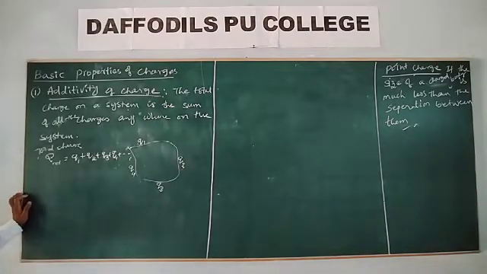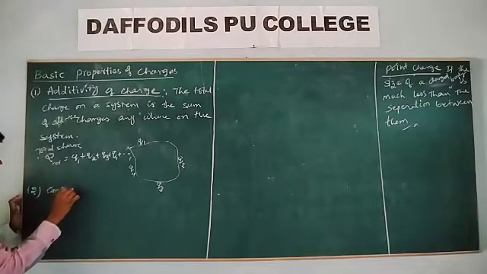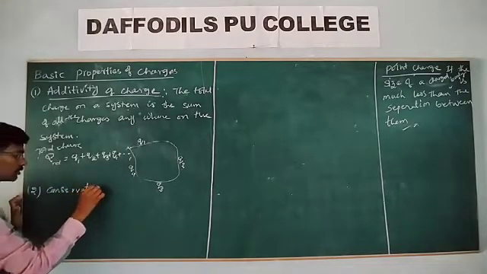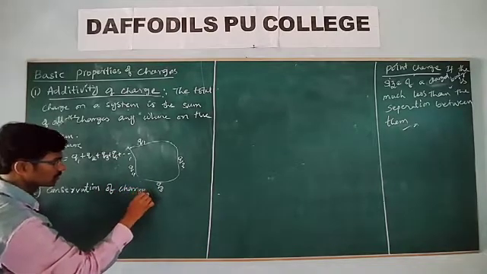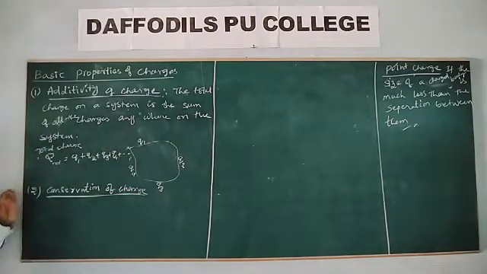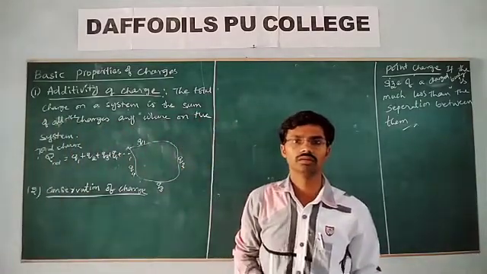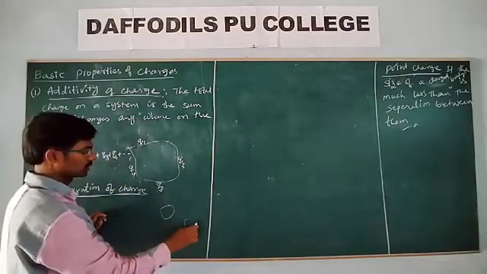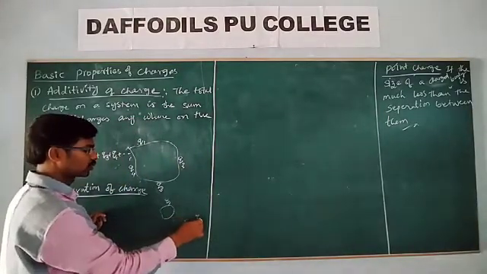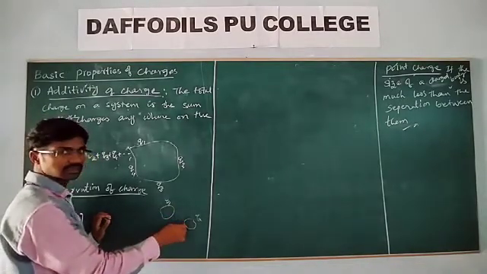Let me take one more important property, the conservation of charge. When we have taken here one body with Q1 charge and here Q2 charge, before that, what is the total charge on the system?